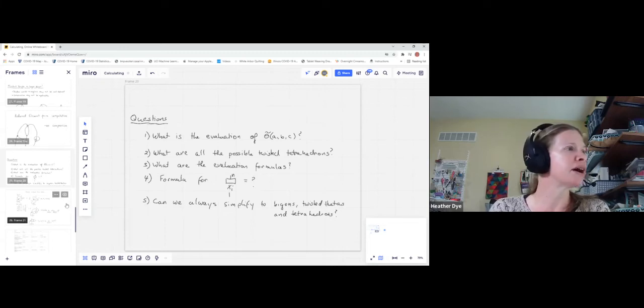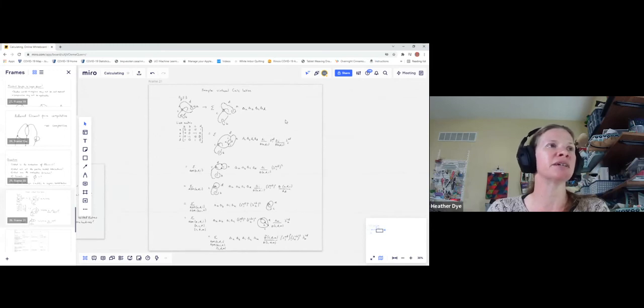All right, so here is a sample computation. This is one of the virtual links that we were looking at for the purposes of comparing the invariants. And here is how the computation rolls out in this case.